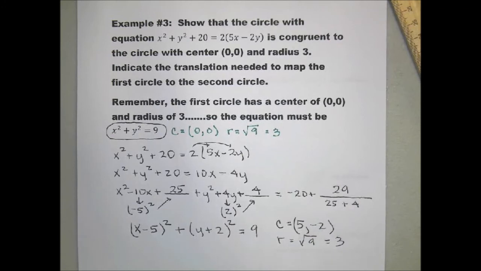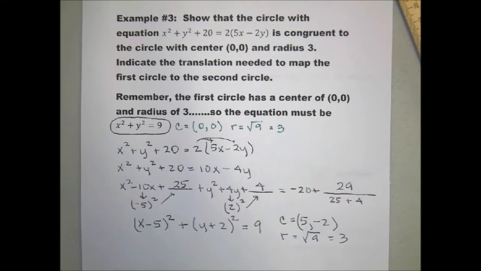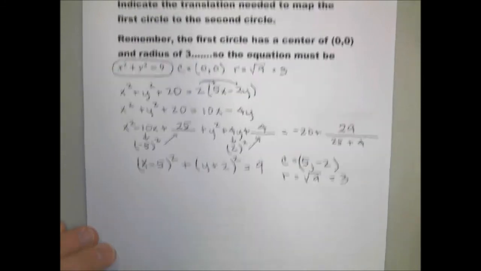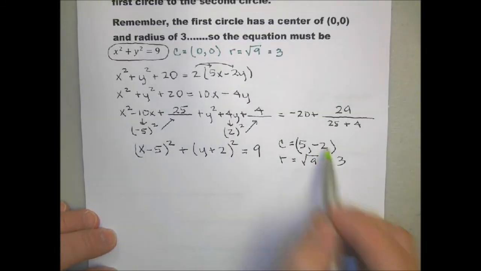Now the last question is, what did we have to do to get from the circle that started at 0, 0 to the circle that ended at 5, negative 2?